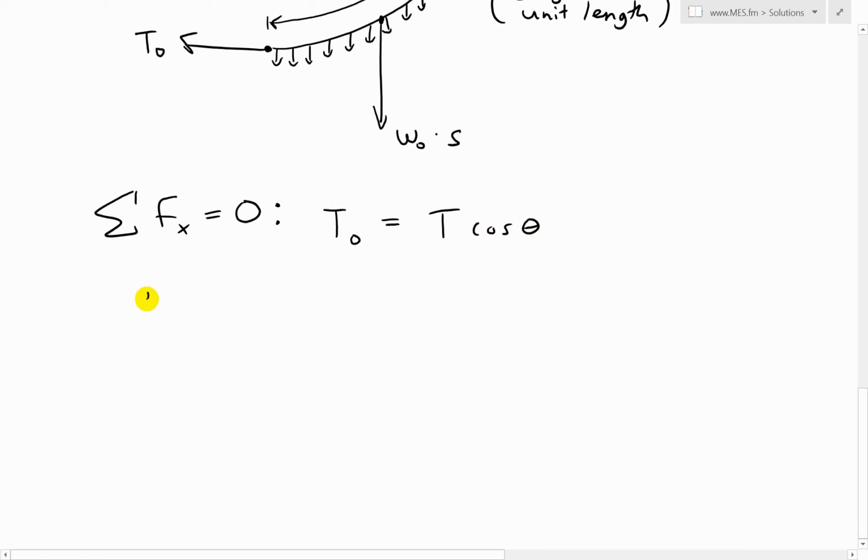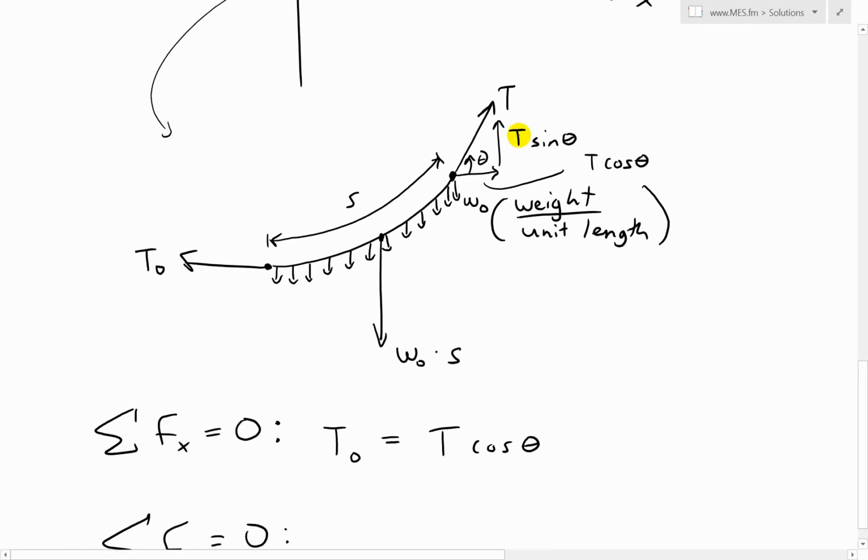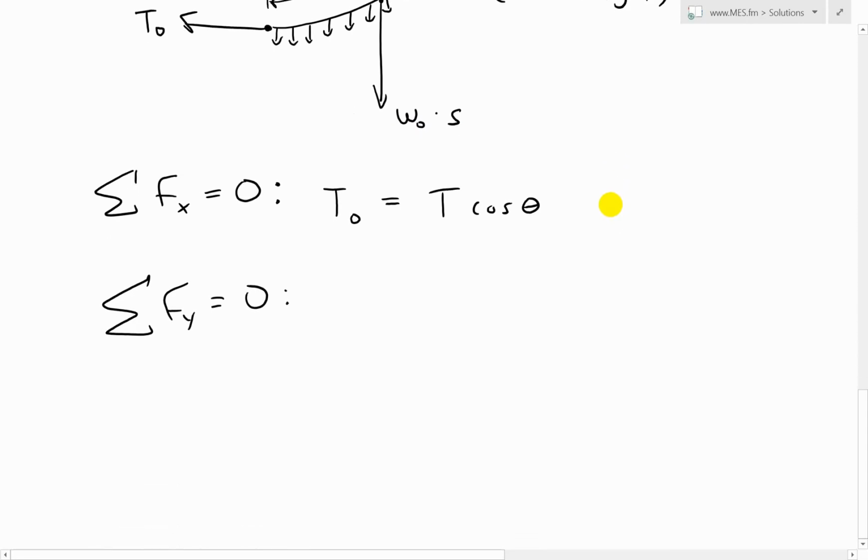And now similarly, the sum of the forces in the y direction equals 0 in the vertical ones, so that's going to be the vertical component there, and then this one right here due to the weight. So we'll have this one as, and I'll write this as, W naught times S equals T sine theta.